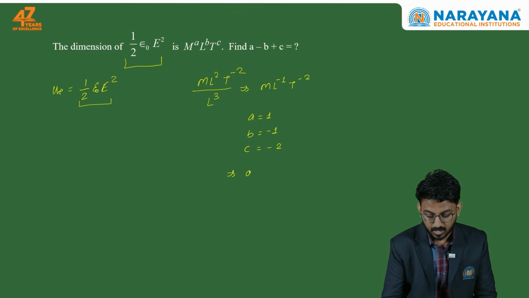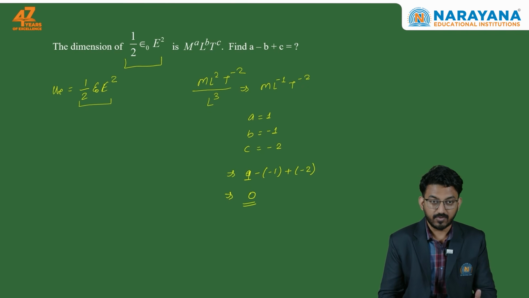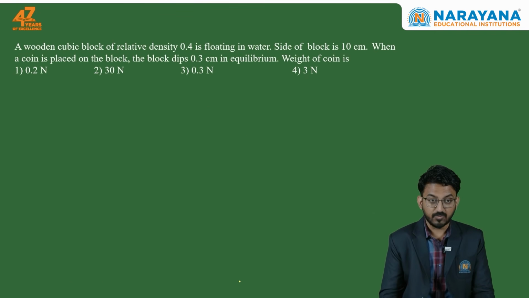Finally, A minus 1, and here A is equal to 1 plus C, so we get 0 as the answer as per the given information. You can also put in the individual values, but the best way is to think in terms of energy density.